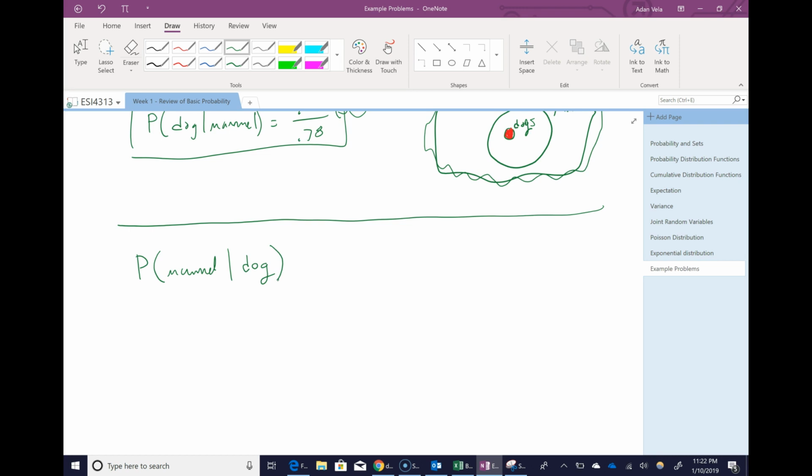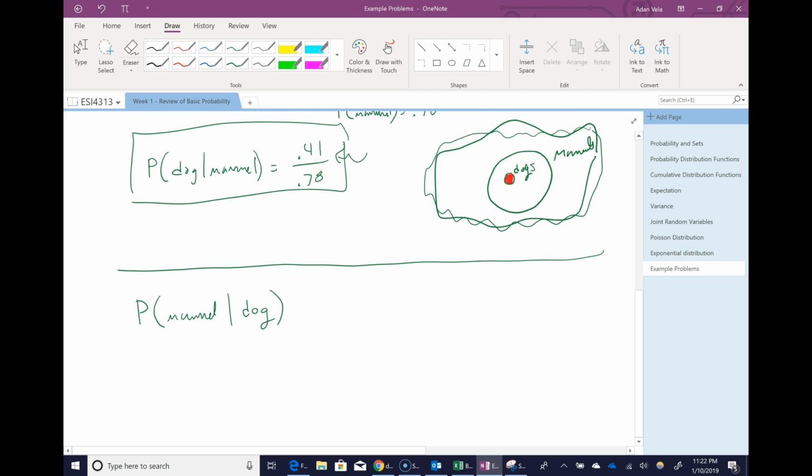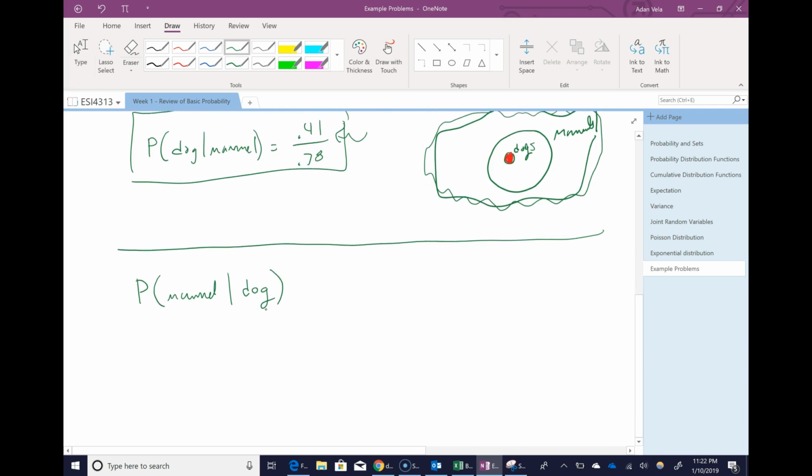Right? And so this was that special case we had talked about, where if B is a subset of A, and we're trying to calculate the probability of A given B, that's just equal to 1.